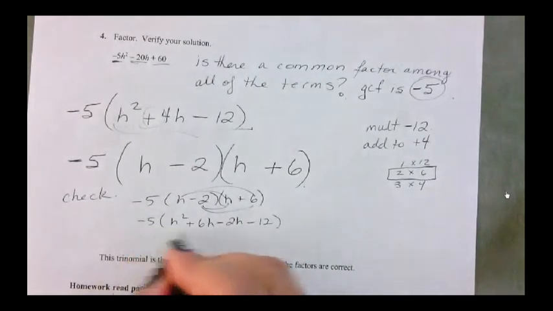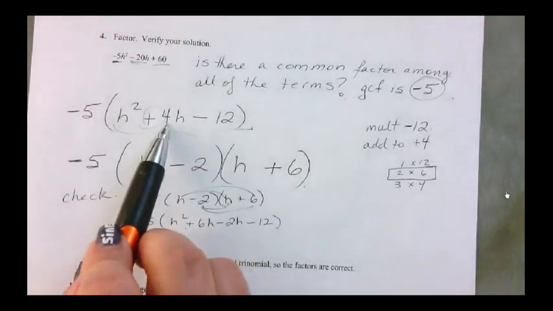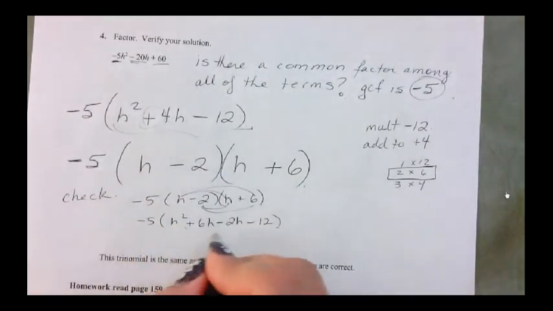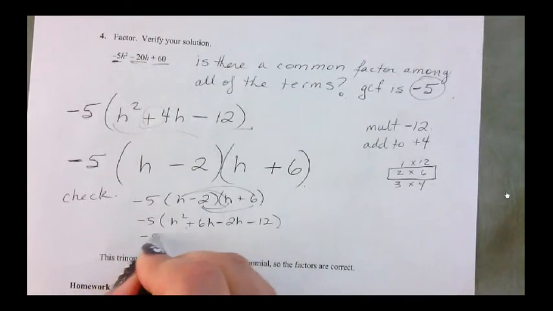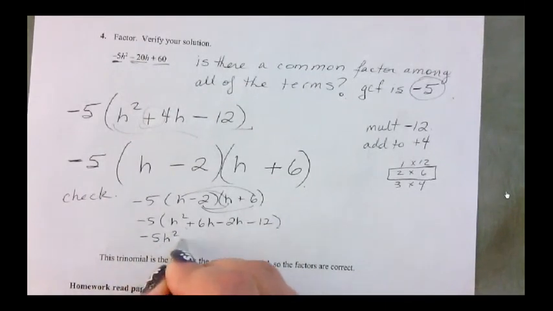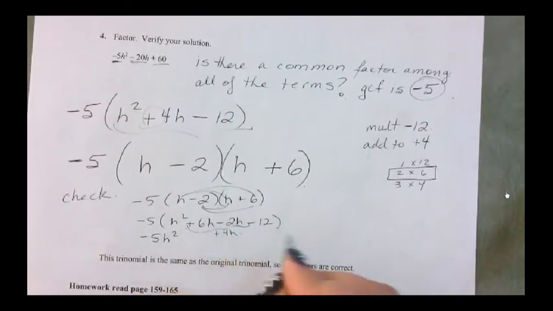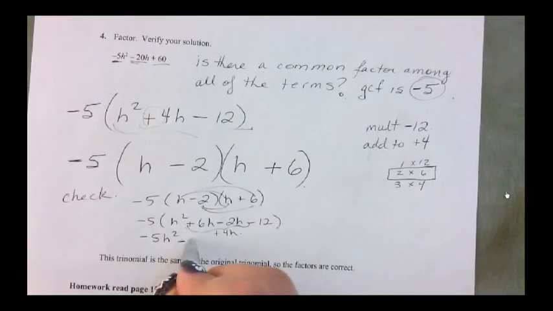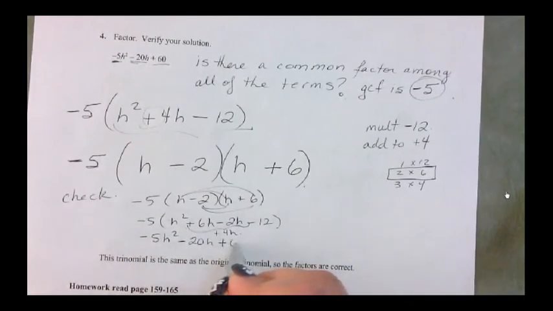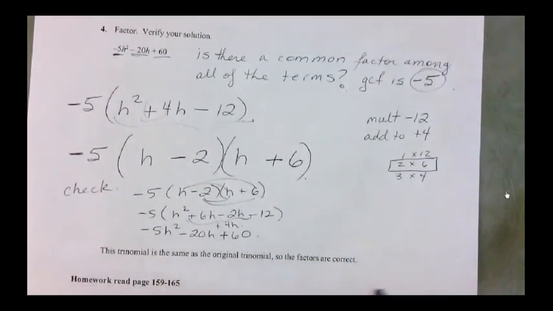And so this kind of brings us back to here, right? And then we multiply our 5 through, so minus 5h squared. This I'm going to say is equal to plus 4h over here in scratch work. And then that's going to be minus 20h, and then the 12 and the 5, they're both negative, so that becomes positive, and then it's plus 60.